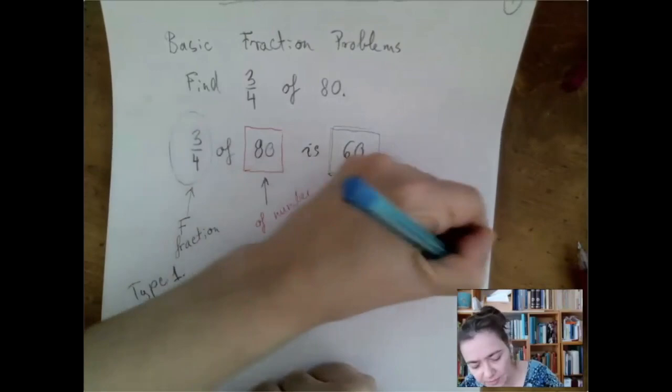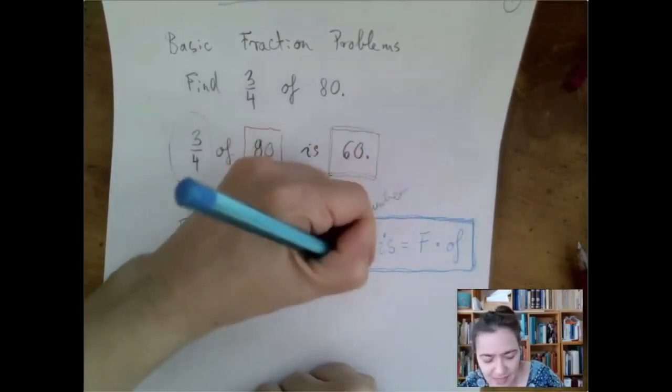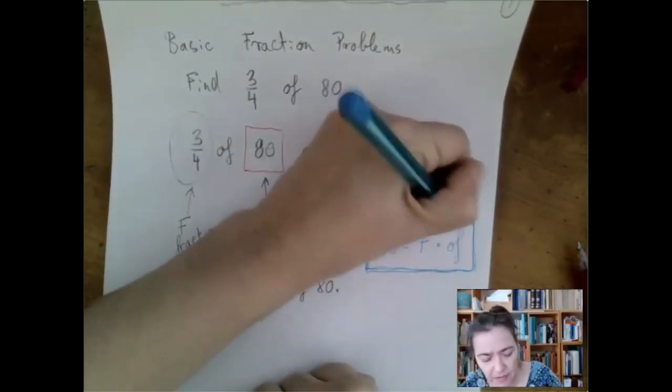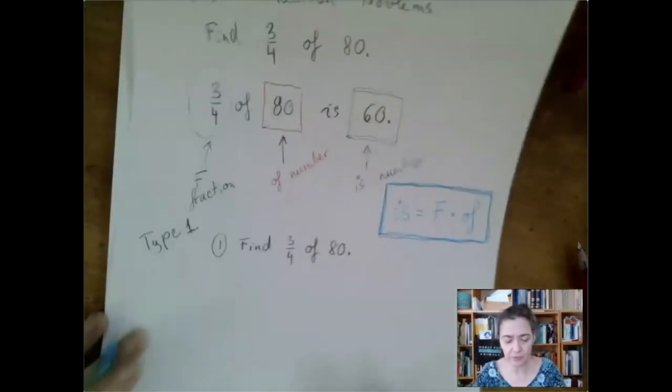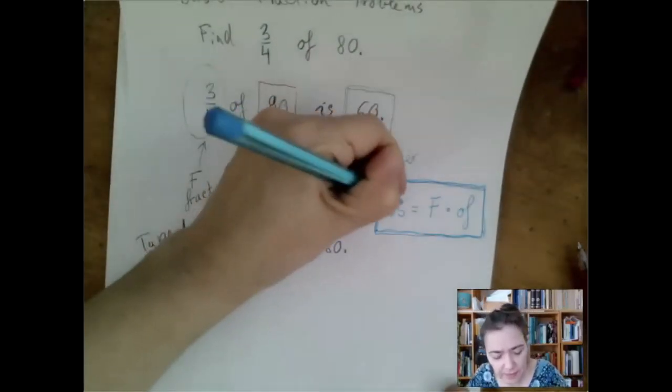Type 1 is not new. The new is gonna be type 2 and type 3, when other things are given.